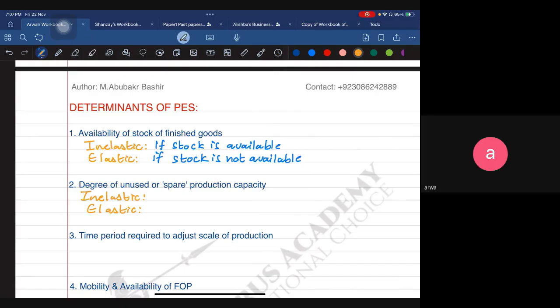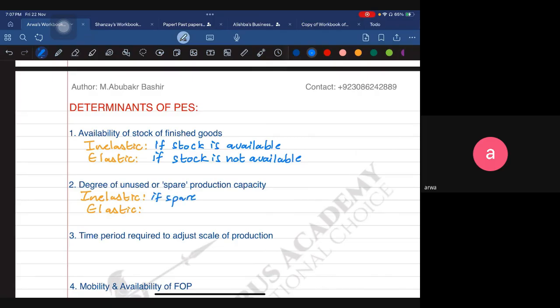For example, they can hire more workers, or workers can learn new skills, or they found a new natural resource, and then they can increase production. So that would be elastic. Yes, perfect.